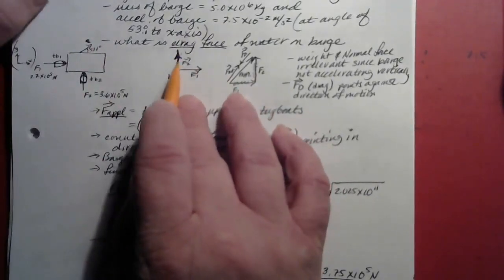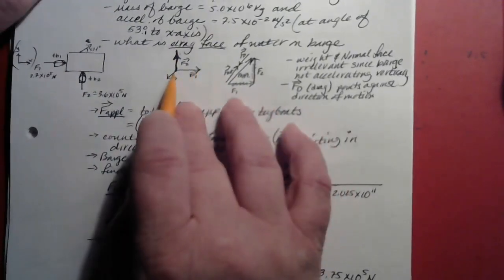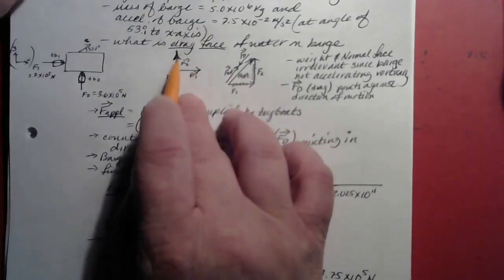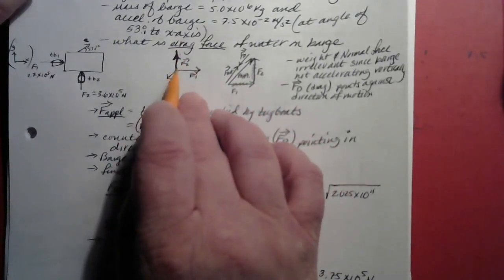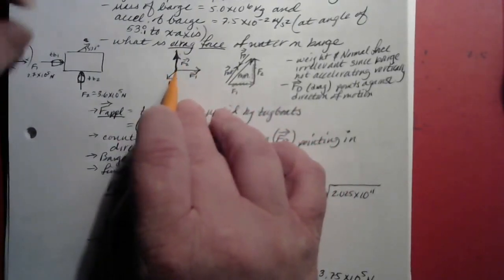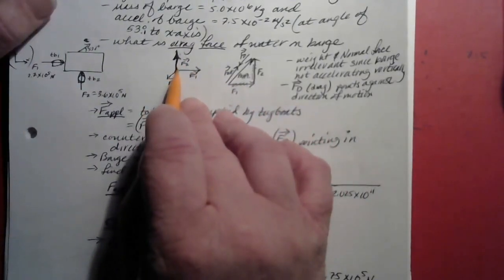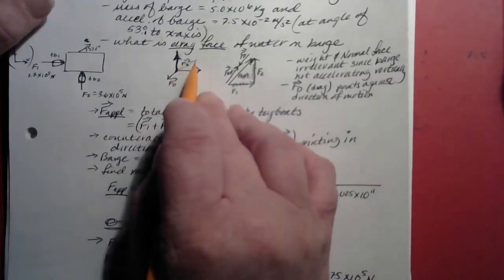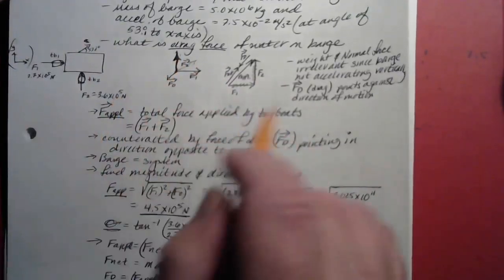So we've got force one pushing directly along the x-axis, and force two, which is a little bigger, pushing along the y-axis. And then we have the force of drag, which is pushing directly against the direction in which the barge will want to move. The barge will want to move in this direction here because of the two forces pushing on it, but the force of drag, FD, is pushing directly opposite in direction.